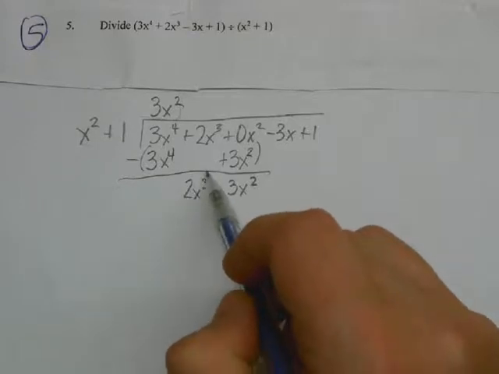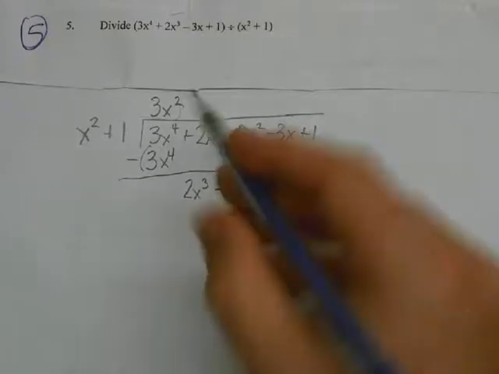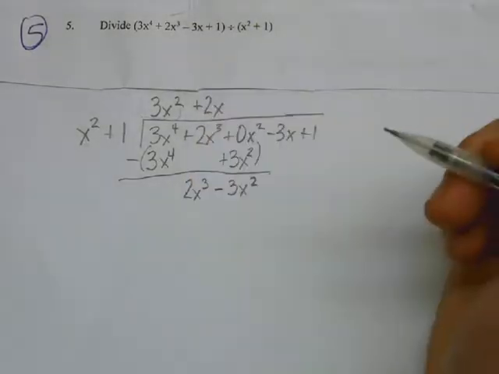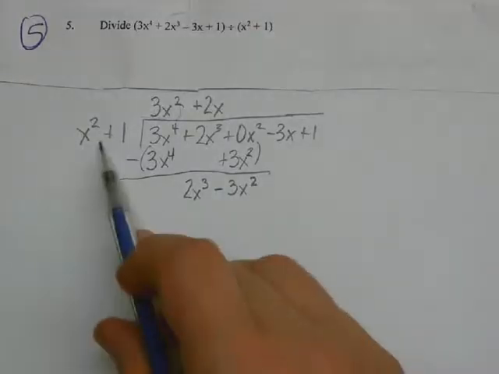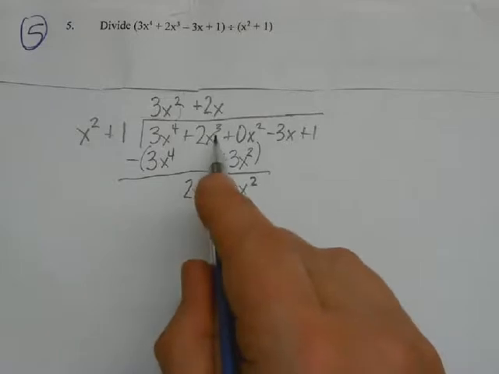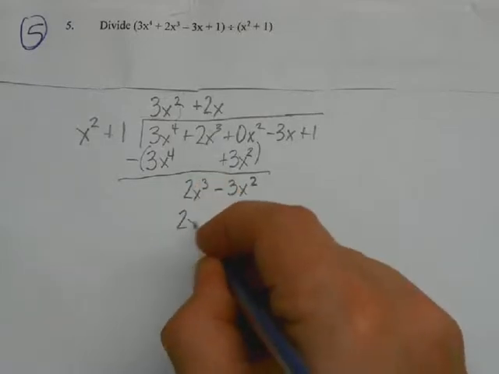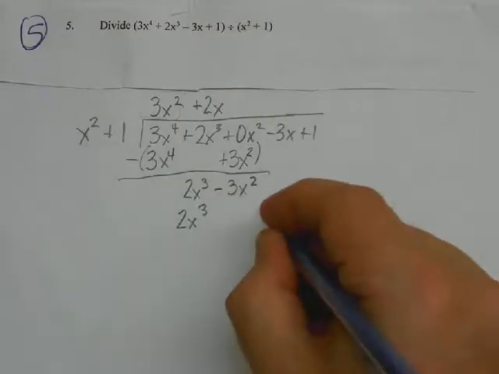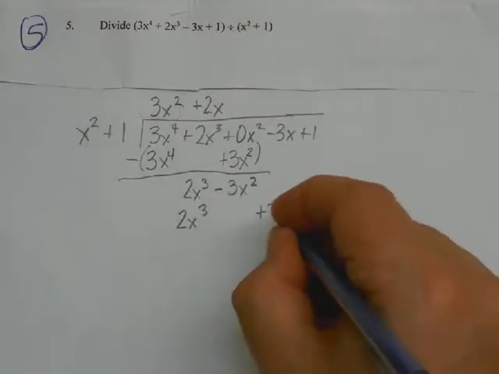I know that 2x cubed divided by x squared is 2x. So now multiply x squared plus 1 by 2x. 2x times x squared is 2x cubed. And 2x times 1 is 2x.